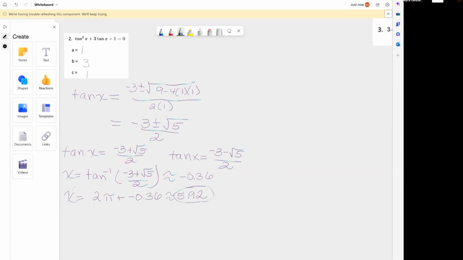Okay, that's one of my solutions. Now with tangent, I know that this, once again, is a fourth quadrant angle. This is 0.36. Now, the other place that tangent is negative is here.